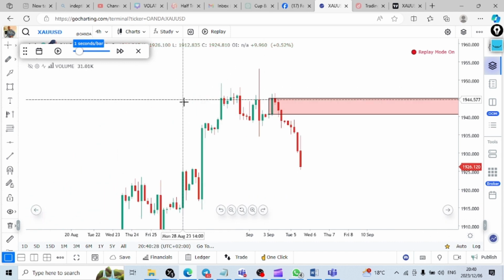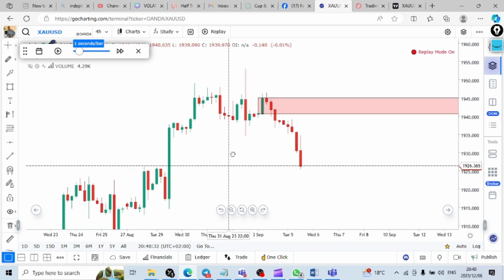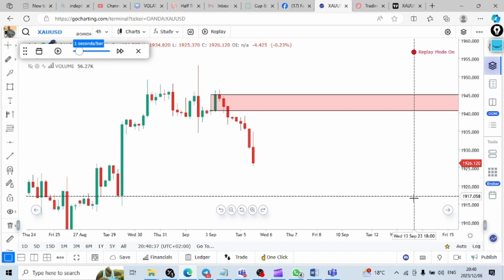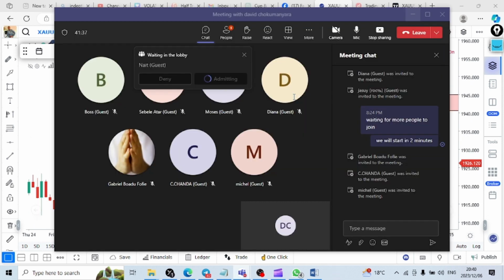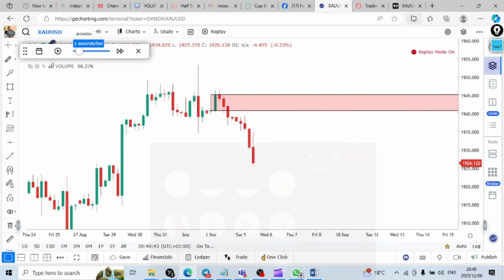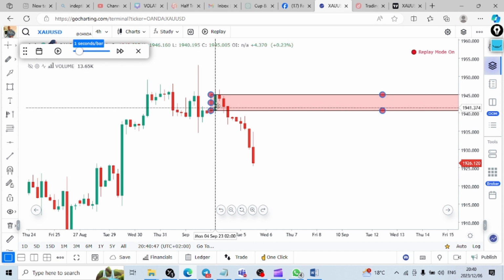On this particular level, when we are identifying an order block on the chart, what you want to see is this.